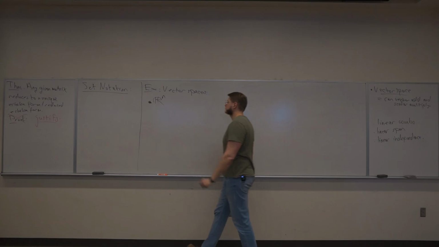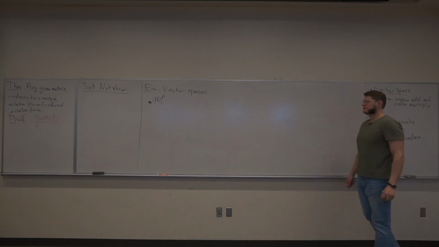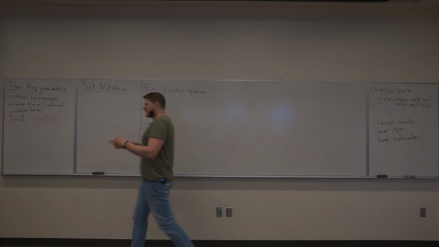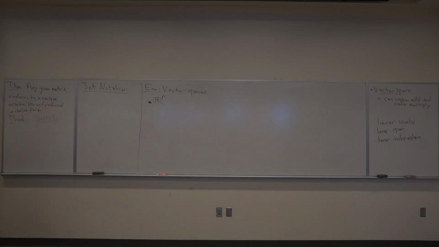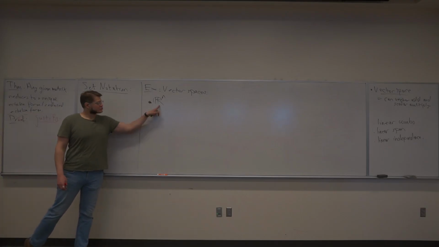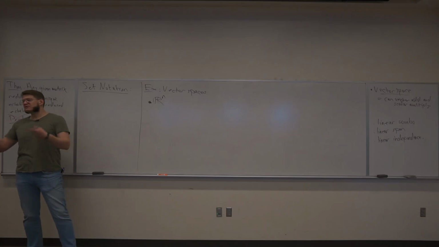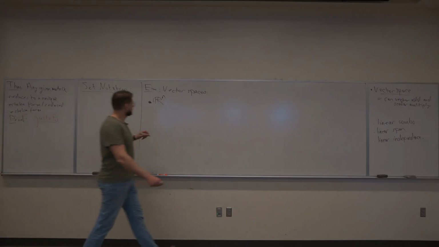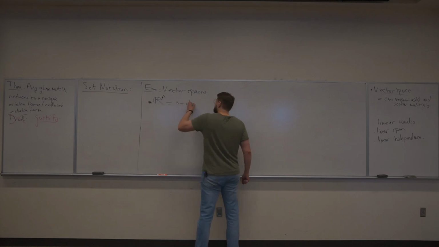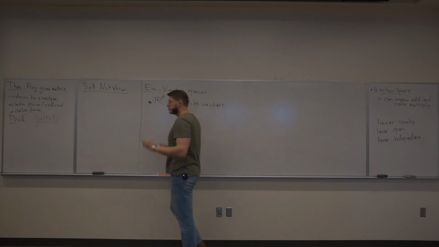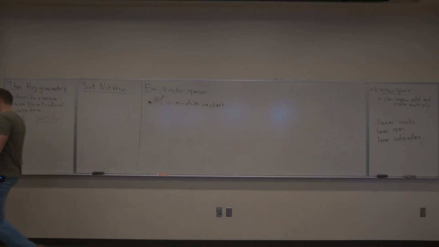For any n, for n equals 1 to whatever, technically also 0, but R to the 0, let's not worry about that. R to the 1, R to the 2, these are all the standard examples of vectors. And when someone talks about an n-dimensional vector, you should think of R to the n. 1D means R, 2D means R2, and so on. Okay, that's your first interpretation of this word.